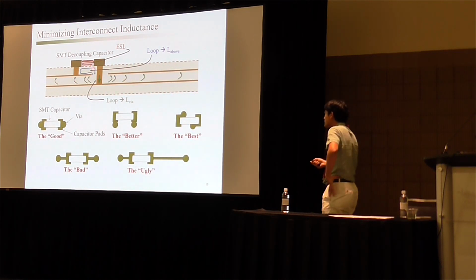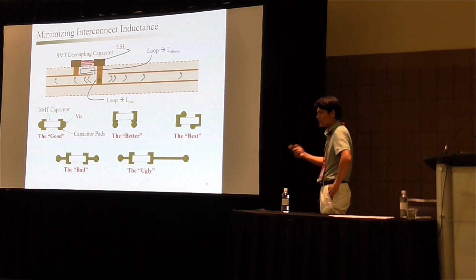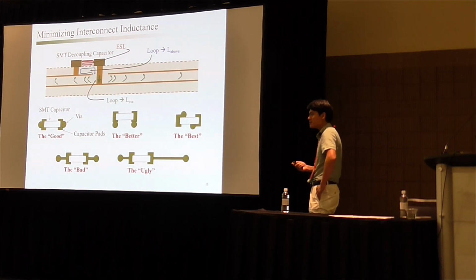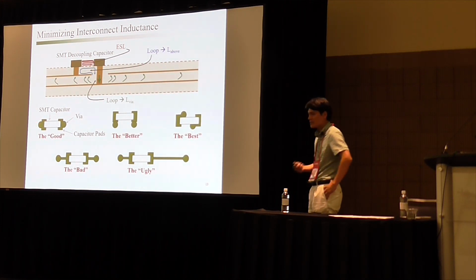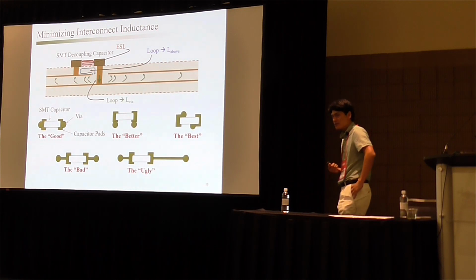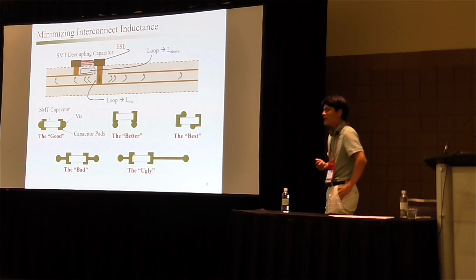And then from this fact, we can say good design, bad design for the decoupling capacitors. First, here we have the capacitor pad and the via. So we might say this is a good design in terms of inductance. And then this could be a better design.